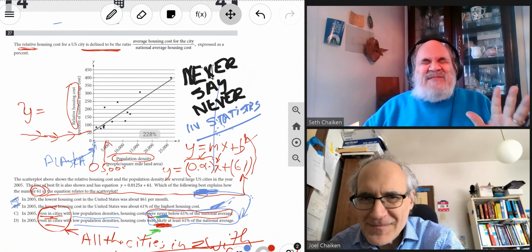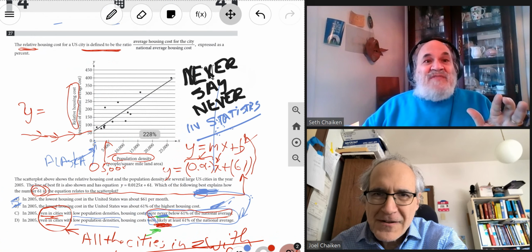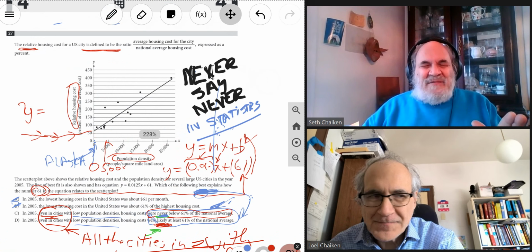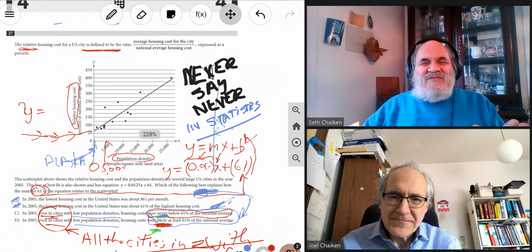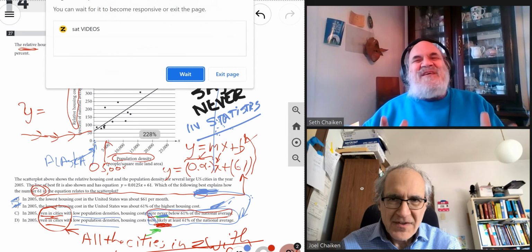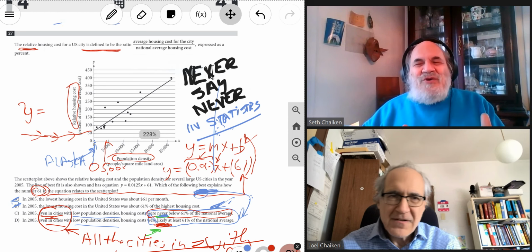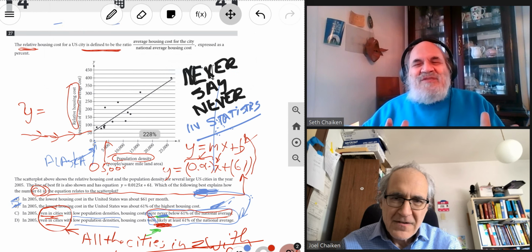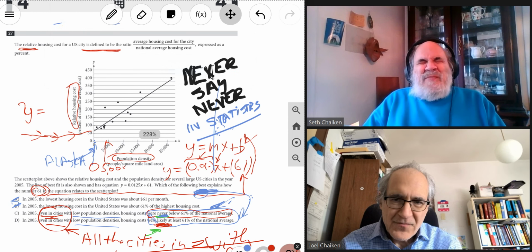No, the concept is that the dots on the plot represent only a few of the cities in the United States. But the question is a likelihood over all the cities in the United States, including the small ones.